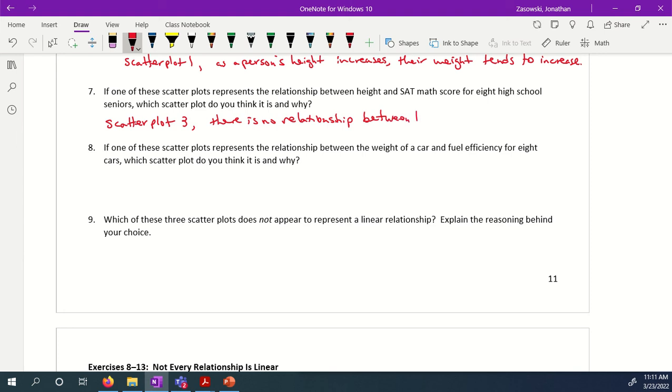Okay? And we could just say there is no relationship between height, or actually scrap that. Instead of saying no relationship, we're going to say as the height increases, the SAT math score does not tend to increase or decrease.